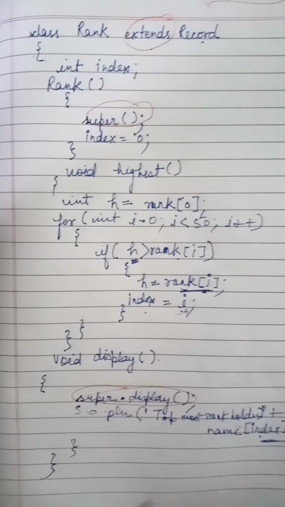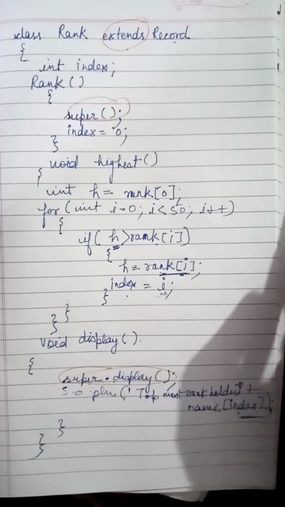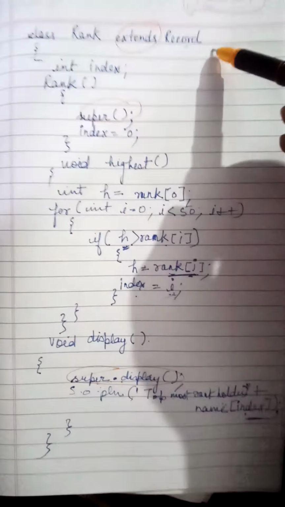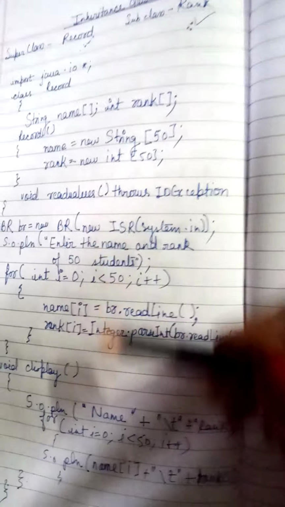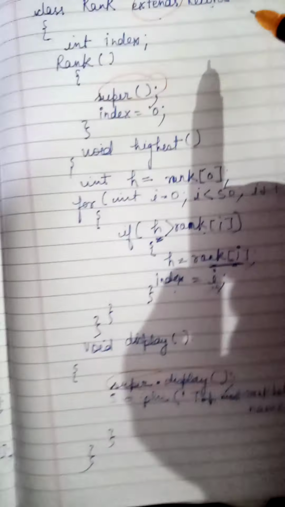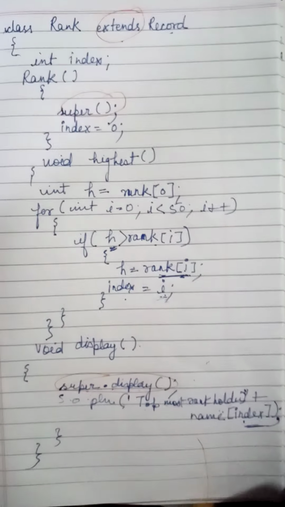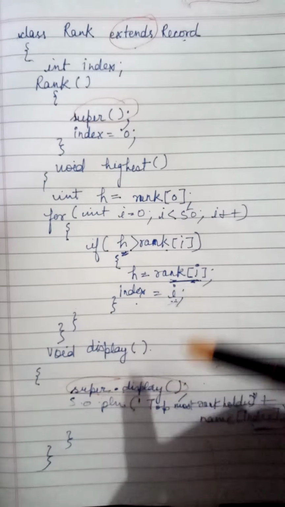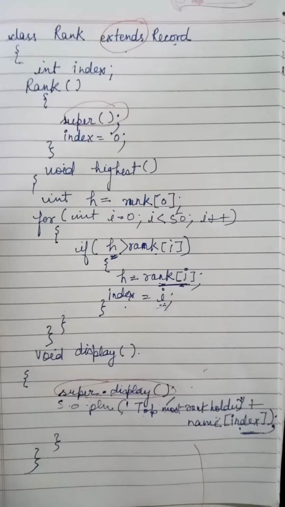Okay, but in case of theory, you will give your answer, you will be writing only this much part. Only this much is required. No need to write the Record class. Okay, in the examination, theory exam, you will be writing the subclass only.